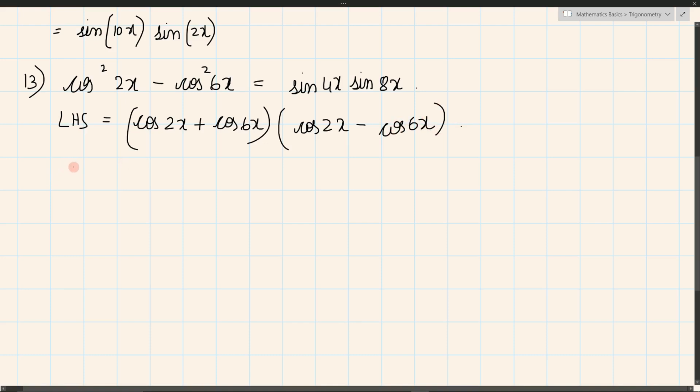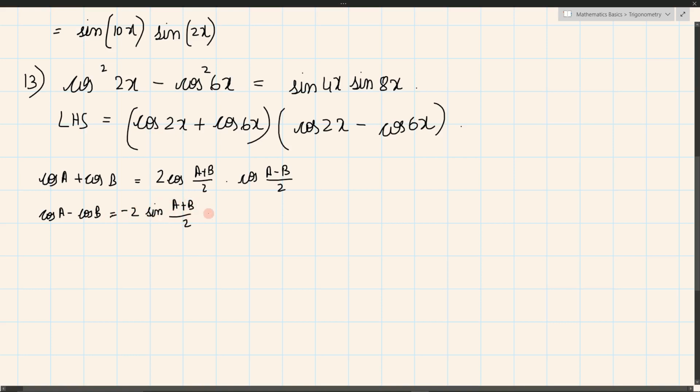So this can be written as, again we have the formula, cos a plus cos b is equal to 2 cos of (a plus b) by 2 into cos of (a minus b) by 2. Also we know that cos a minus cos b is equal to minus 2 sine (a plus b) by 2 into sine of (a minus b) by 2.